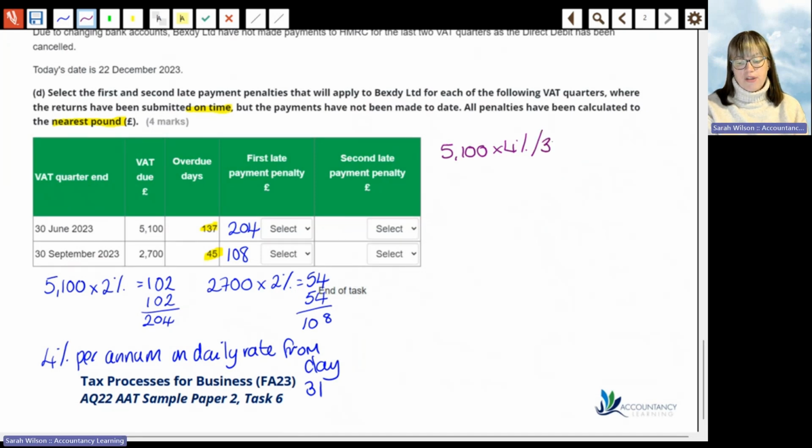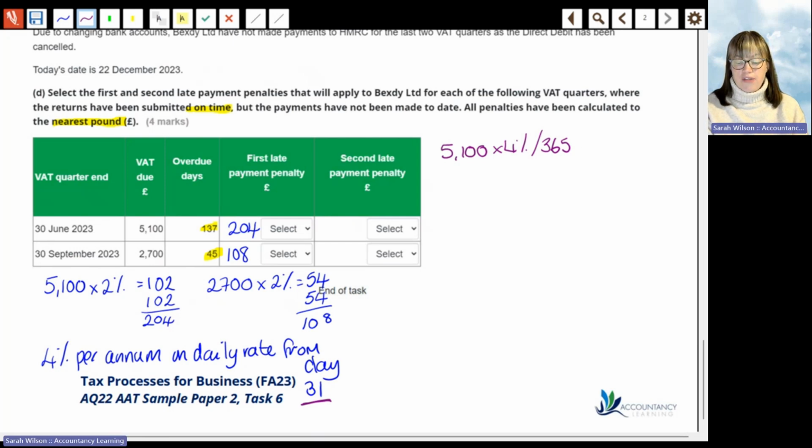We're going to divide it by 365 days to get a daily amount. And then we need to multiply it by the difference between our overdue days, which is 137, and where they charge the interest from, which is day 31.